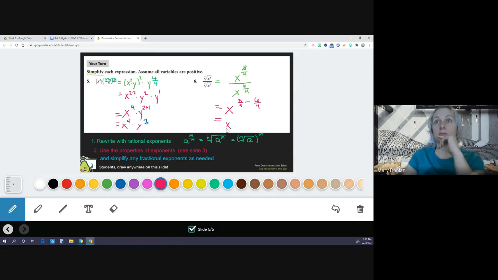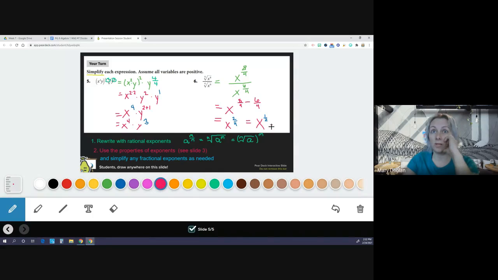Okay, so we can subtract these, which is actually 8 fourths minus 6 fourths. I have a common denominator, so it's just 8 minus 6, which is 2 over 4. And I am going to simplify this again. 2 over 4 is 1/2. I don't want to leave this here because it's not in simplest form.